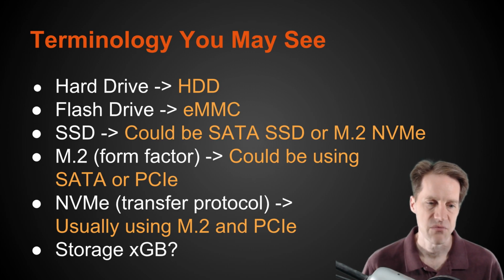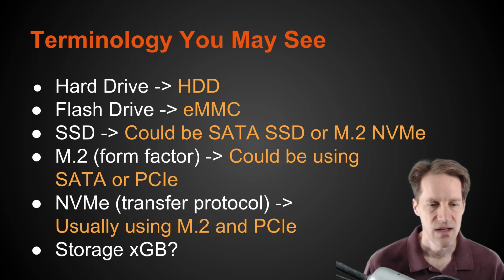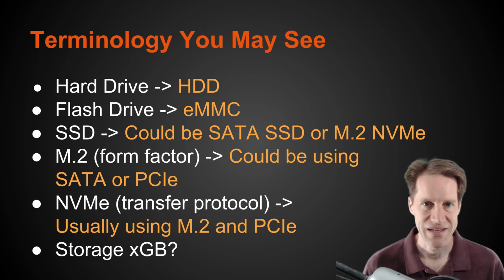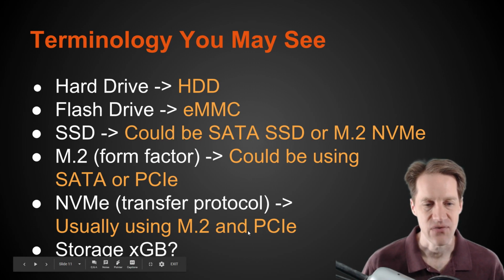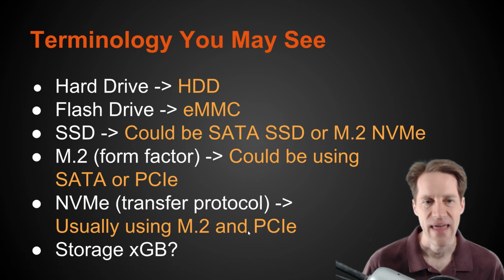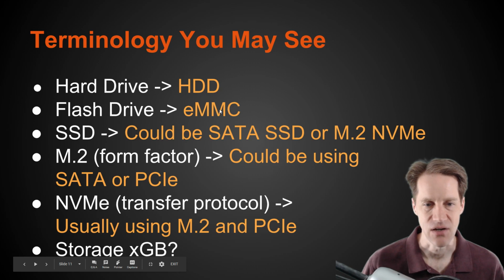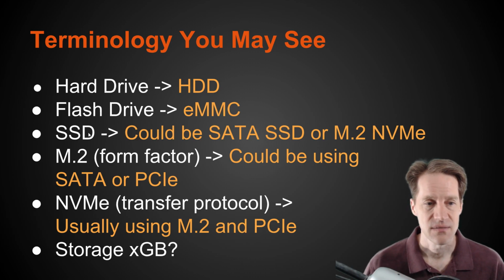Now, I've also seen references to, hey, this laptop has so much storage, and you have to drill in to actually find what kind of technology it's using. Generally, if a laptop says it has 32 or 64 gigabytes, that is probably an embedded multimedia card. If it is 128 or 256 or 512, then it's probably an SSD.